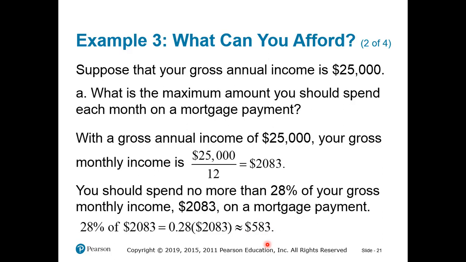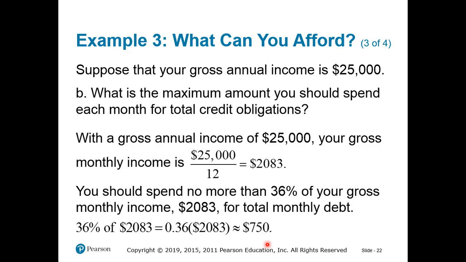This is principal and interest only. Now, how much should I spend on total debt? That's 36% of your monthly income. So I should spend at most, including the mortgage, on all my debt obligations, approximately $750 a month.